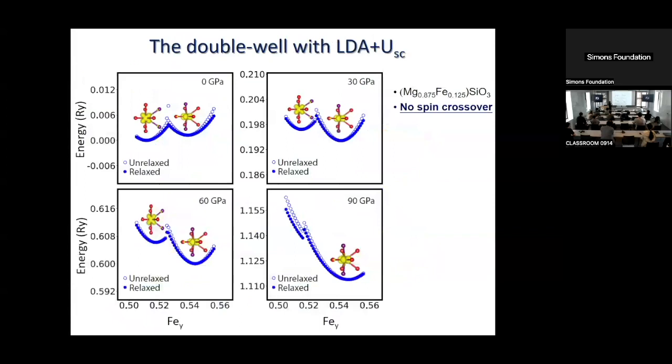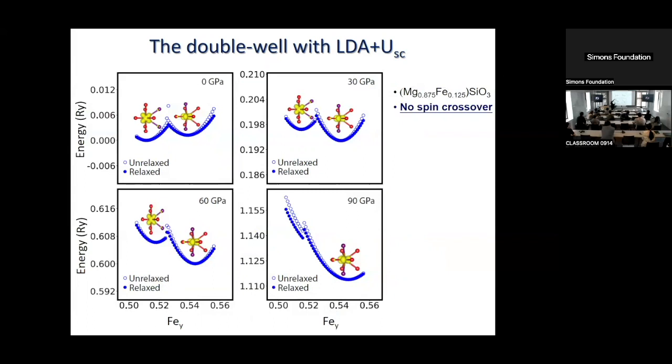And as you can see here, this is the energy, at constant pressure. This is 0 GPa, 30, 60, and 90 GPa. Of the two states we found, at zero pressure you find this state. This is the charge density of the minority electron. So it's a YZ kind of t2g orbital that's occupied.